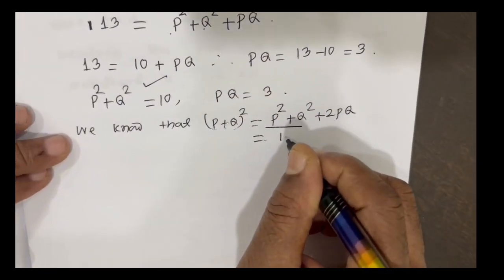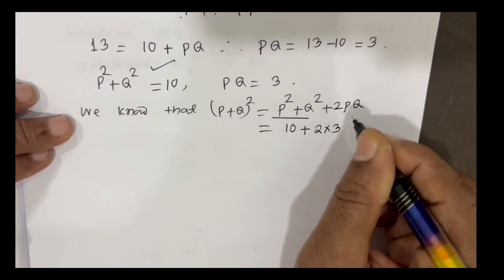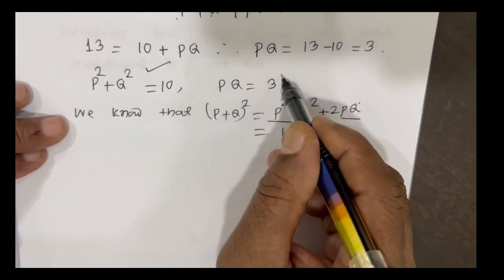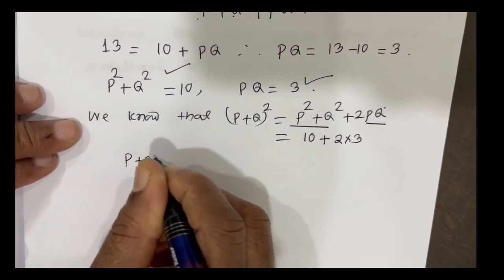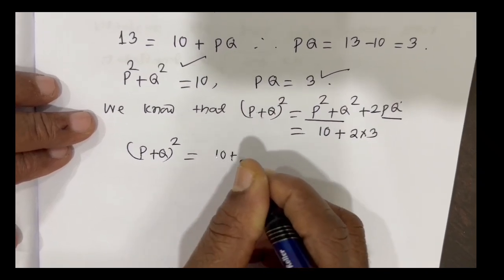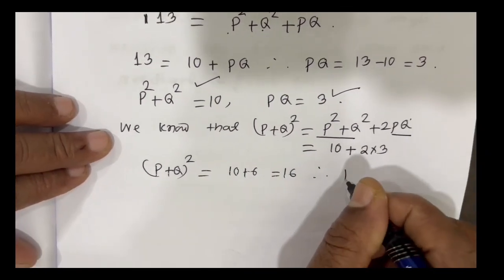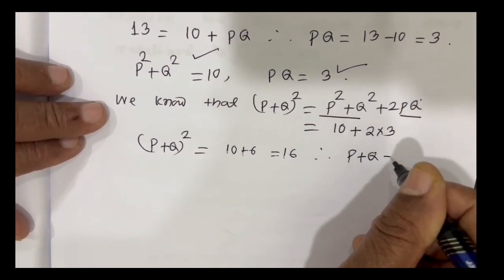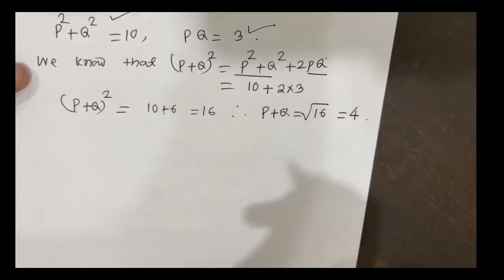Therefore, putting the value, 10 plus 2 into 3, because PQ is equal to 3, or P plus Q square is equal to 10 plus 6 is equal to 16. Therefore, P plus Q is equal to root 16 is equal to 4.